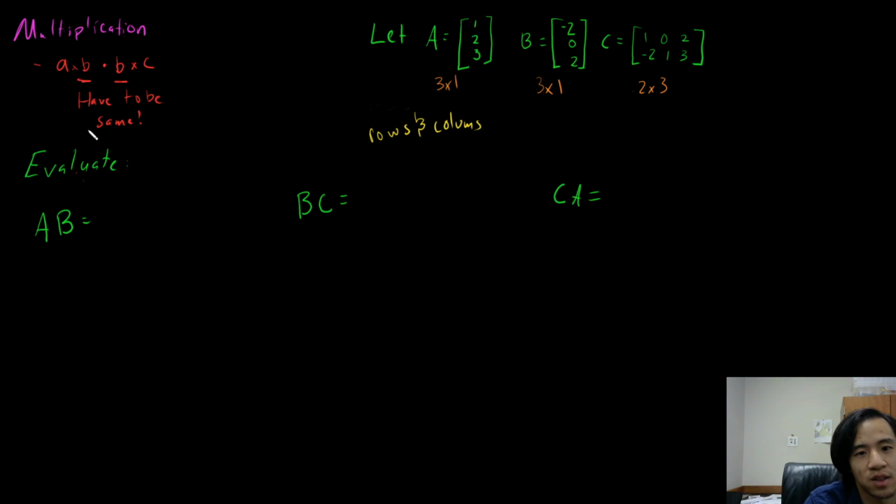So let's take a look at some examples here. So A times B, can we do this? Well, let's take a look at their sizes. So A is a 3 by 1 matrix. And then B is a 3 by 1 matrix. So we're doing A times B. So these 2 numbers here are not the same. So we can't multiply this.